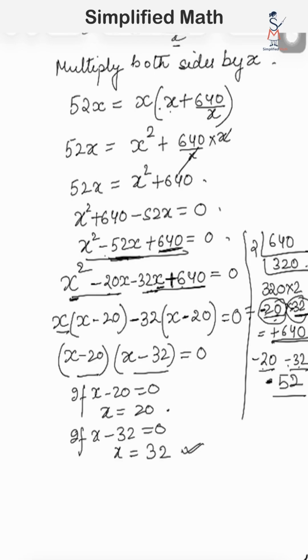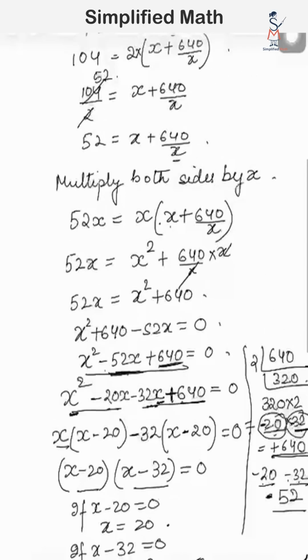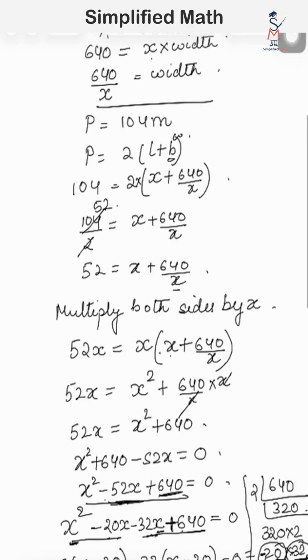If we take x is equal to 20, then width, what is the width we got? 640 upon 20, that is 32. So here if I am taking x as 20, I am getting width as 32. So length is generally taken as the bigger one. And if x is 32, then width is 640 upon 32, because this was the width which we found earlier, 640 upon x.